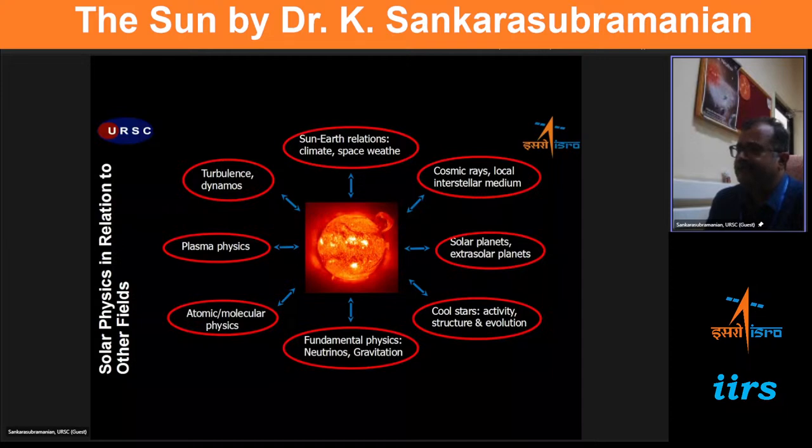So many of these front-end researches, which are important for us to sustain the next energy resources on the ground, are somewhat naturally available on the sun. So studying them gives a lot of important information for us to progress in the technology as well as in the understanding of the plasma we create on the ground.